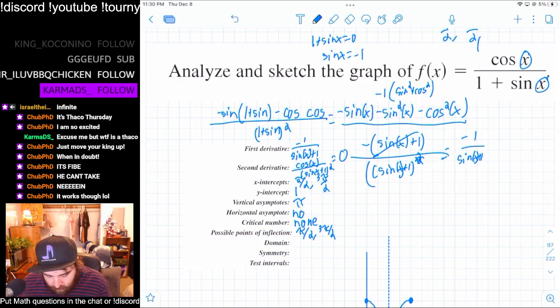Let me look at it again. I get the negative sine times 1 plus sine, then minus cosine times cosine. So that's negative sine minus sine squared minus cosine squared. So that's minus 1. So that's negative sine of x minus 1. So that's negative sine of x plus 1 over sine of x plus 1 squared. So that's negative 1 over sine of x plus 1.